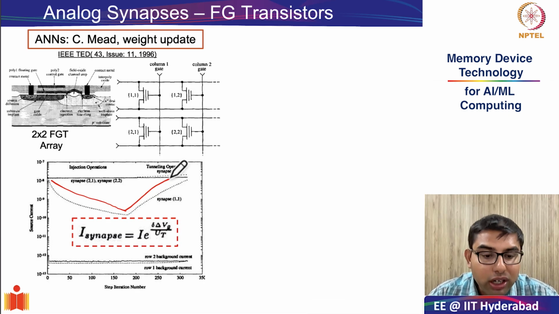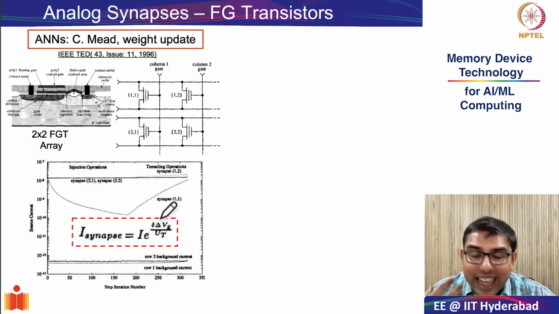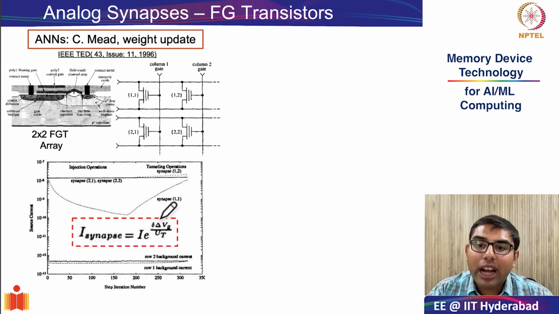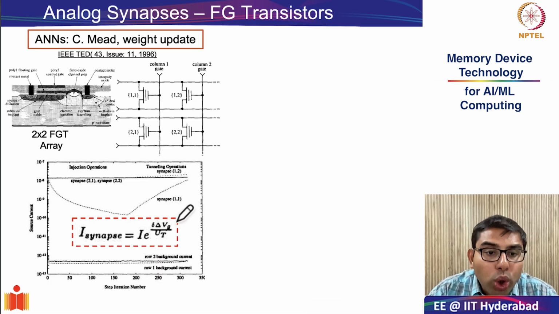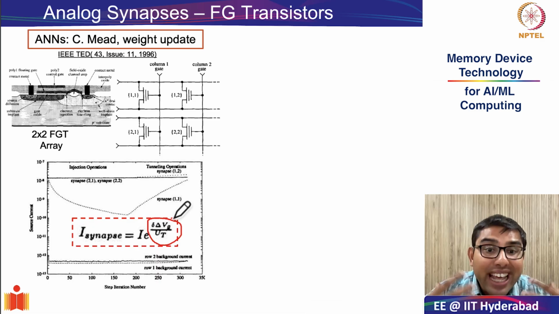A very important thing to note: the lower plot also shows that the resulting weight evolution, the change of synaptic current, changes non-linearly with programming steps, and it follows an exponential relationship rather than the ideal linear update which we expect.